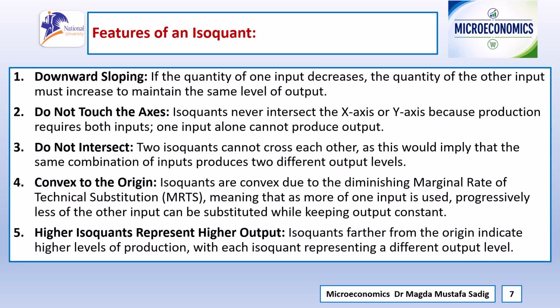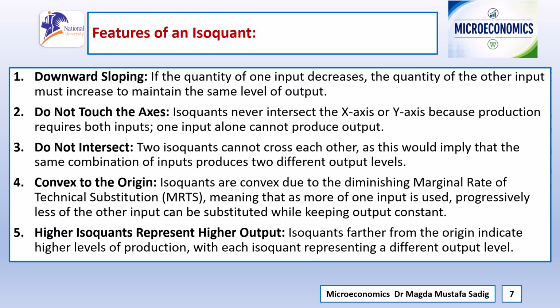Before we conclude this lecture, let me briefly explain MRTS, or the marginal rate of technical substitution. The marginal rate of technical substitution measures how much labor can be replaced by one additional unit of capital while maintaining the same output.